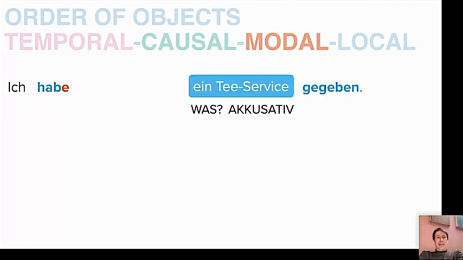Let's say ein Teeservice. A service is a kind of set of tea pots and plates and cups. I'm not sure what you call this. A set, maybe, in English. So that's the first thing I would think about: I have given a tea service. It's a French word, I think.